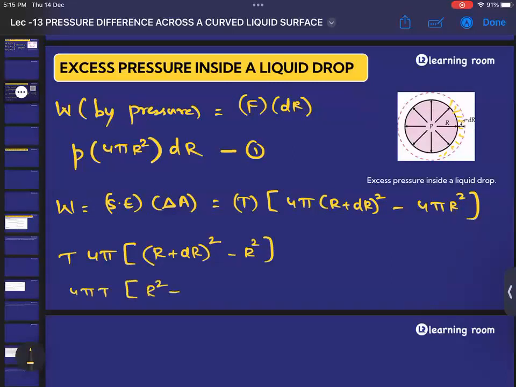It is r square plus dr square plus 2 times r dr, minus r square. Can I say that?